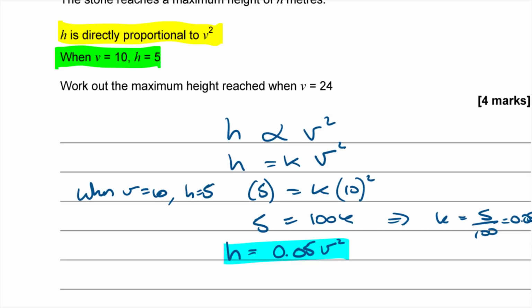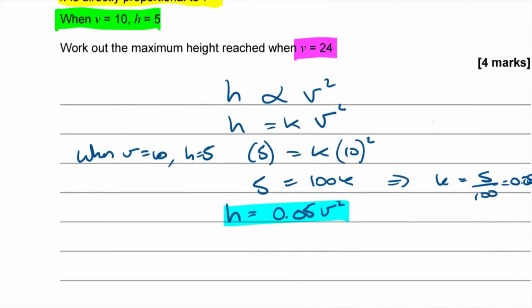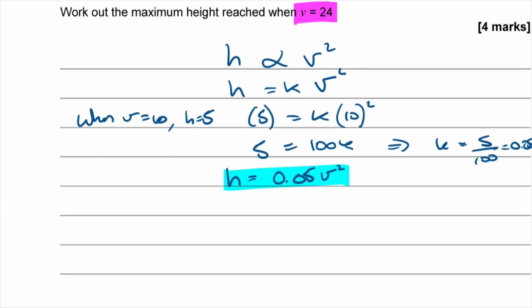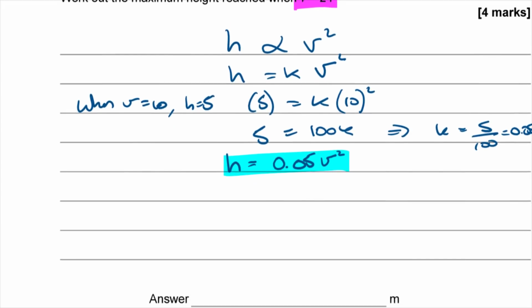So the last part of the question says work out the maximum height reached when v is 24. So we don't have to work out the maximum height. All we've got to do is sub in the value v is equal to 24 into this equation and work out what the answer is. So that's what we're going to do. When v equals 24, then h is going to be 0.05 times 24 squared.